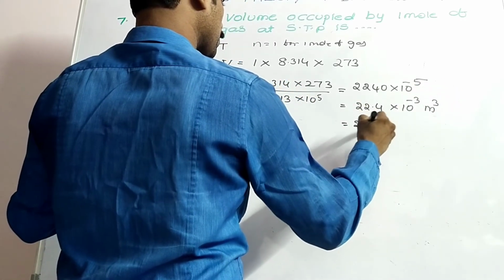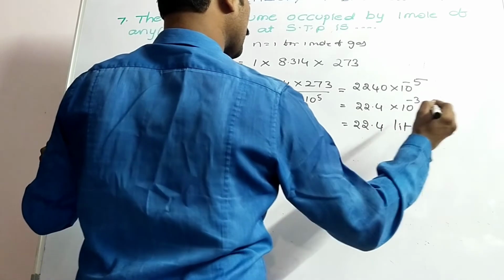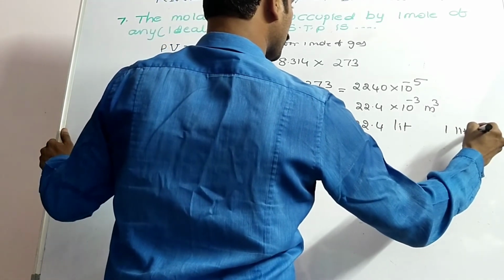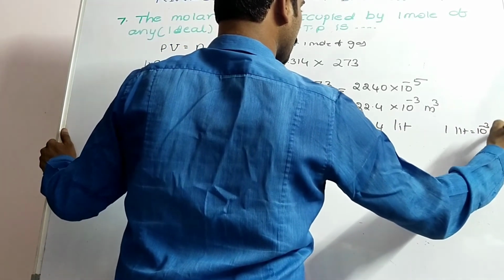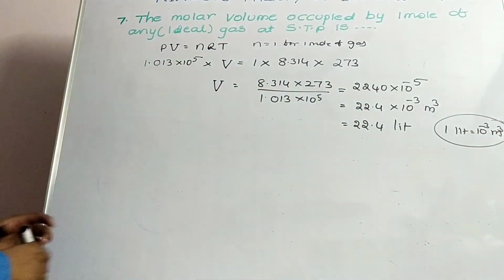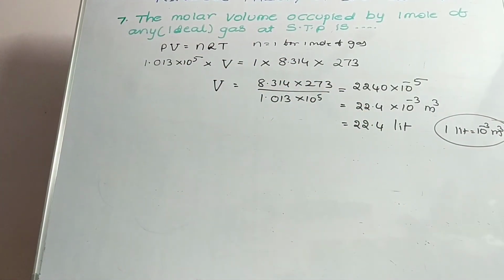That is equal to 22.4 liter, since 1 liter is equal to 10 power minus 3 meter cube.